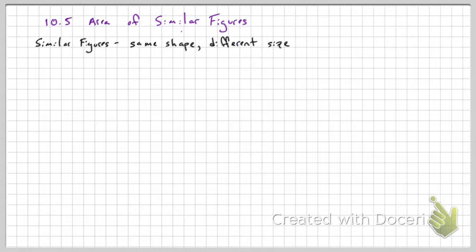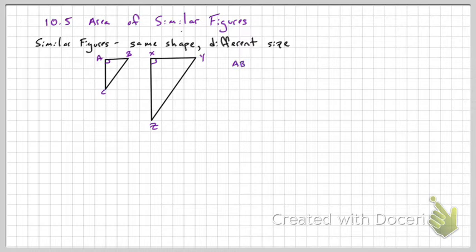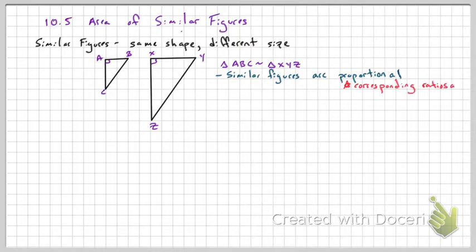So remember, similar figures are shapes or figures that are the same shape but a different size, right? If I have triangle ABC and triangle XYZ, and I say that triangle ABC is similar to XYZ, then we can make those corresponding ratios, because similar figures are proportional.